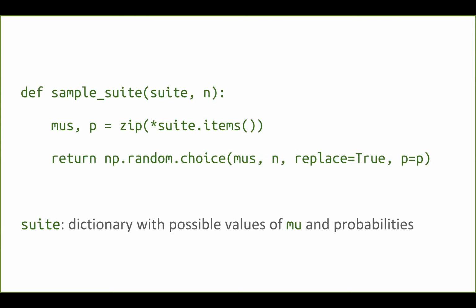Remember that this posterior suite is a dictionary that maps from each possible value of mu to its probability. So I'm going to use NumPy random choice again to draw a sample from the possible values of mu, the mus, M-U-S. I'm going to draw n of them, a sample size of n, and choose them with probabilities p, the probabilities that correspond to mu in the posterior distribution.